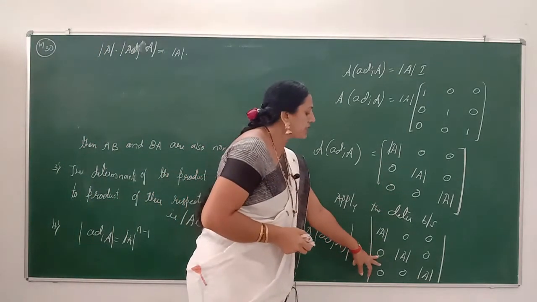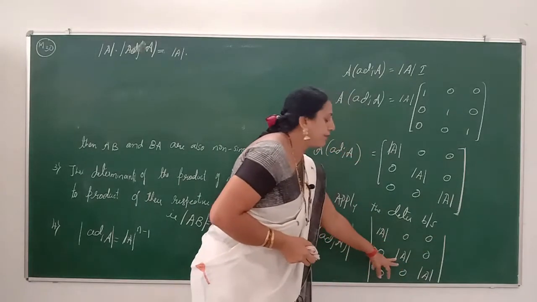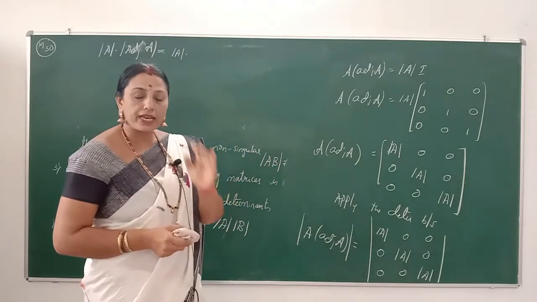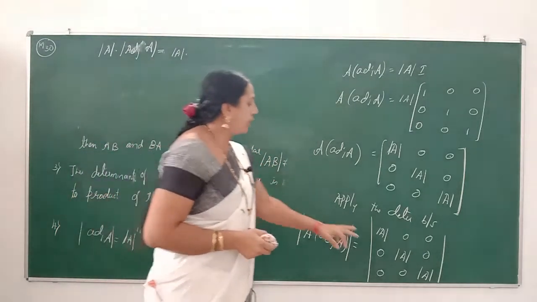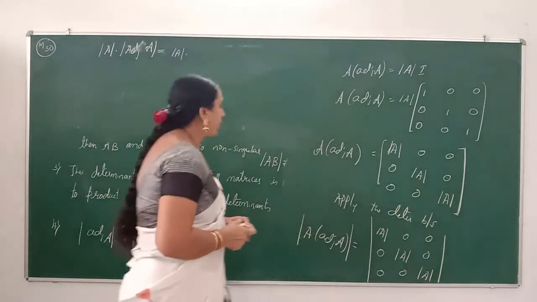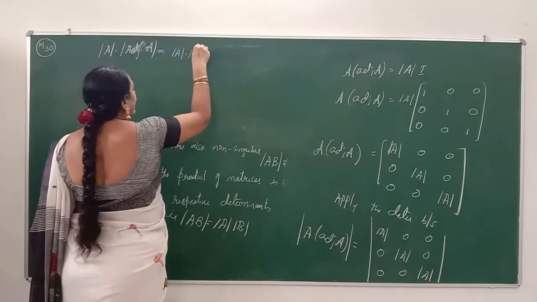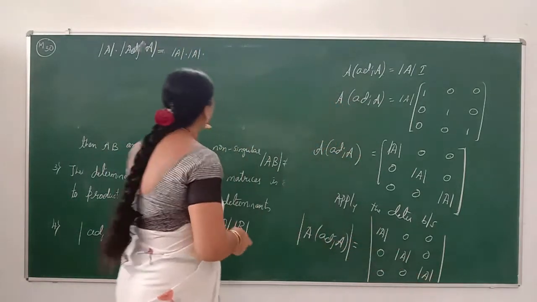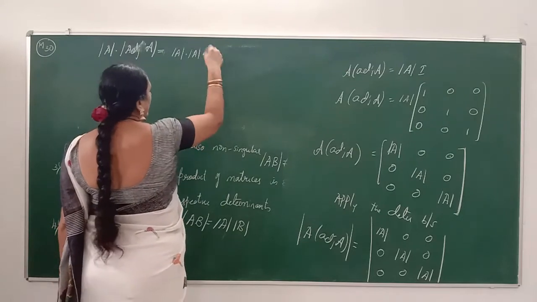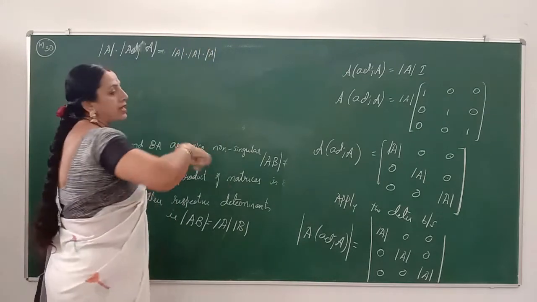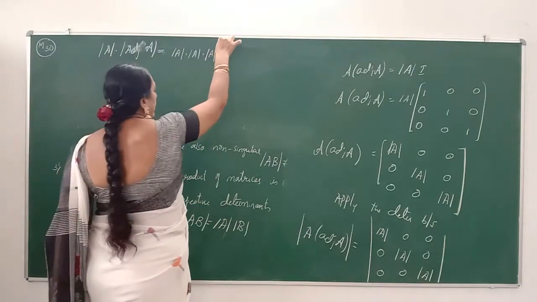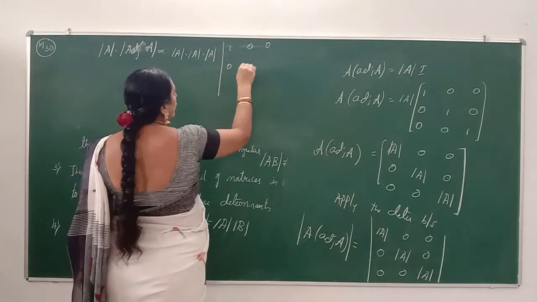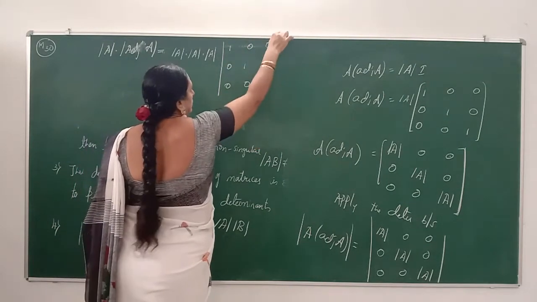Similarly, the second row is also a multiple of determinant of A, and 0 is also a multiple. Similarly, in the third row, determinant of A is a common factor. So in all three rows, determinant of A is a common factor. What about the remaining? The remaining is determinant of 1 0 0, 0 1 0, 0 0 1.